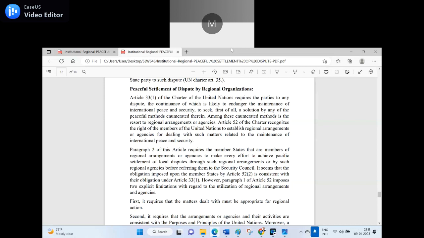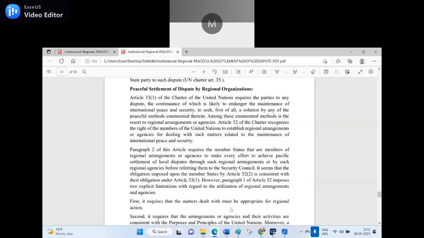But as far as the articles are concerned, the Charter of the United Nations requires the parties to try to resolve their disputes amicably, without any friction, in the regional agencies or regional courts.